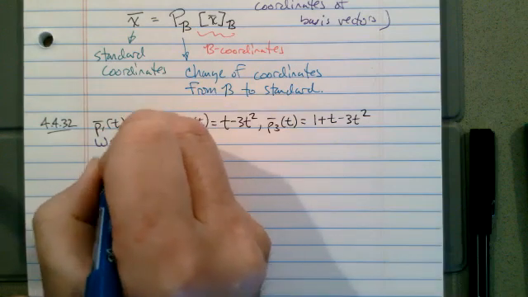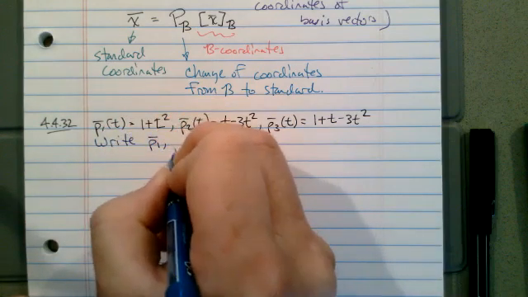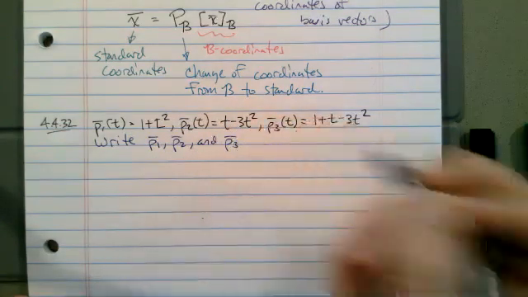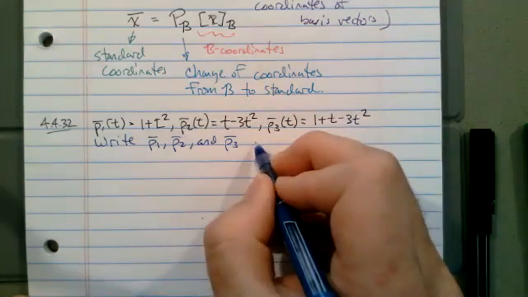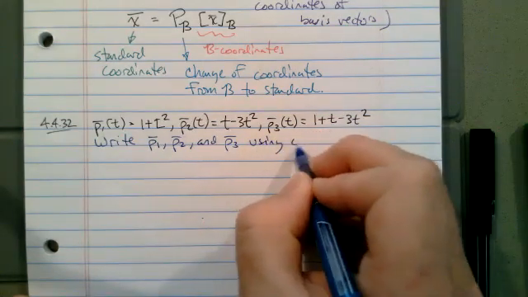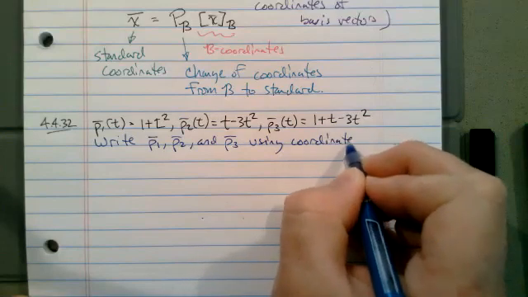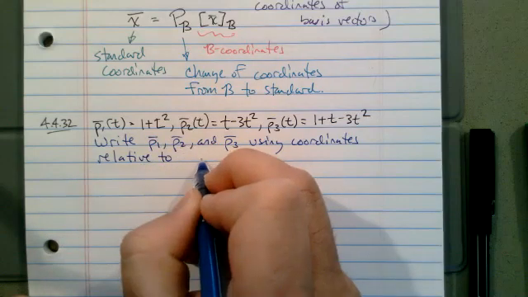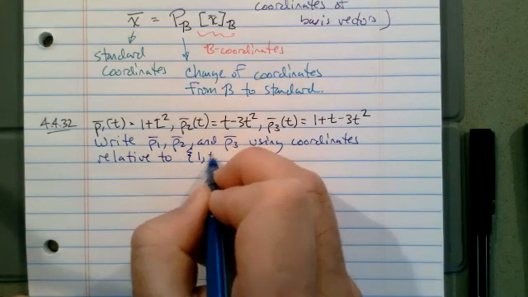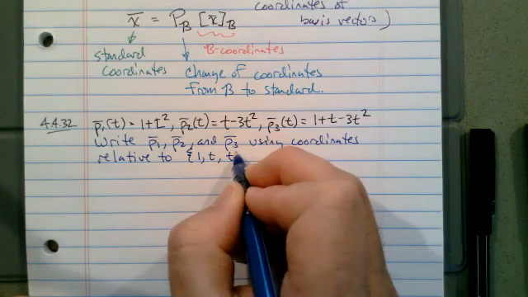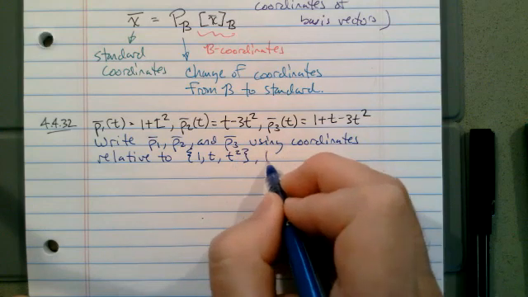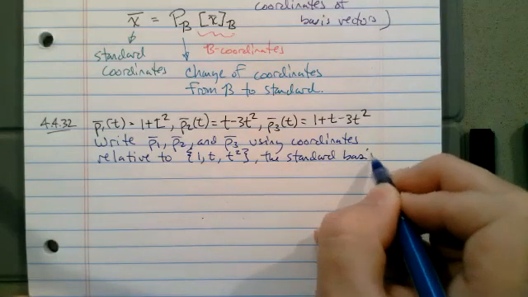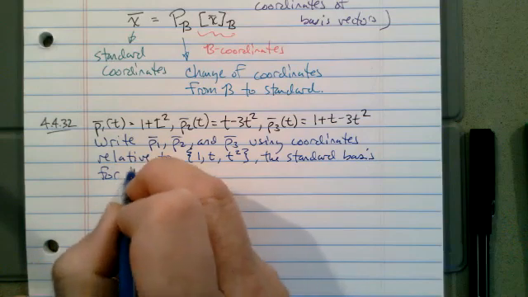So we're going to start by writing P1, P2, and P3 as coordinates relative to the standard basis 1, t, and t squared, the standard basis for capital P2.